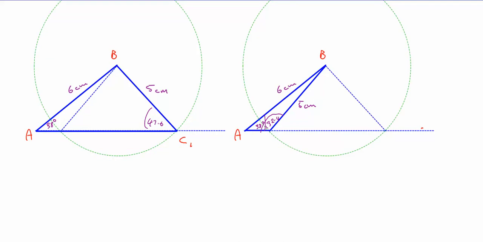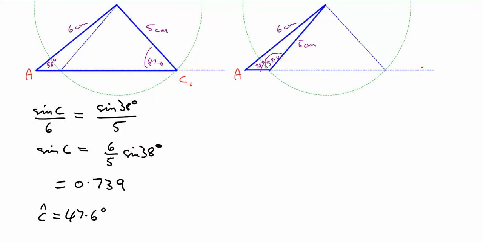And so, knowing two sides, 6 and 5, and an angle 38 which is opposite to one of the sides, is not enough information to know the triangle, because there are two possible triangles that will match that specification, as we have seen. Now, this doesn't always give us two triangles.